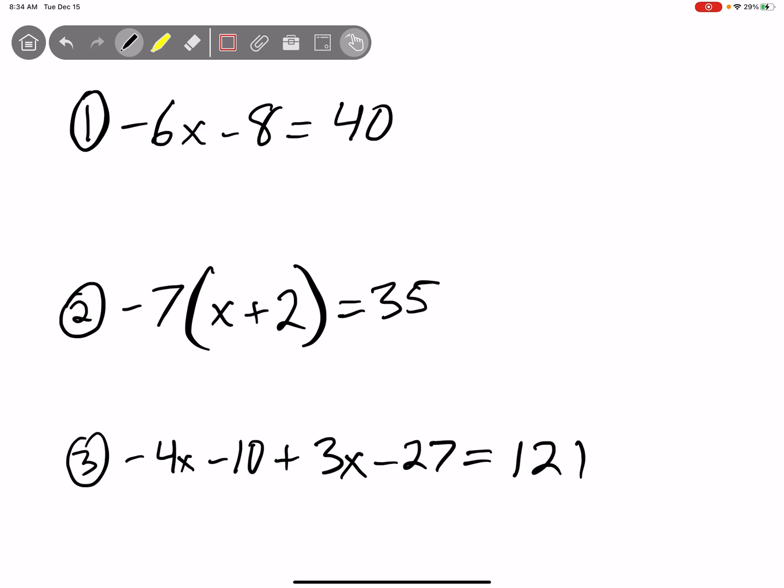So work on these problems for me. You can pause the video, and then once you are done, you can check your answers.